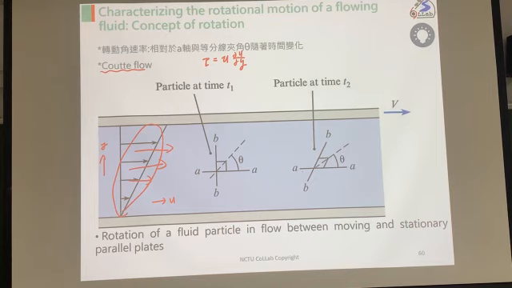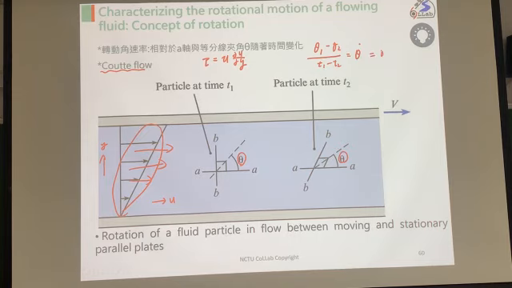So the idea is if you can quantify the theta change with the time. That means if you have theta 1 and theta 2, and you have t1, t2, you can compute the theta rate.